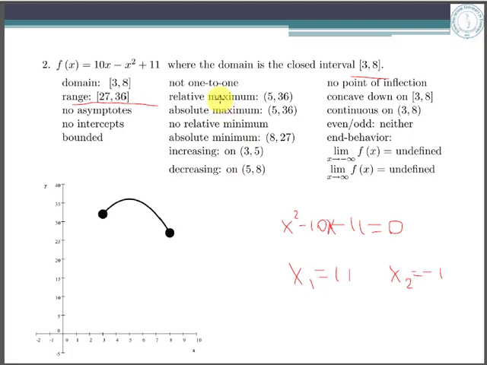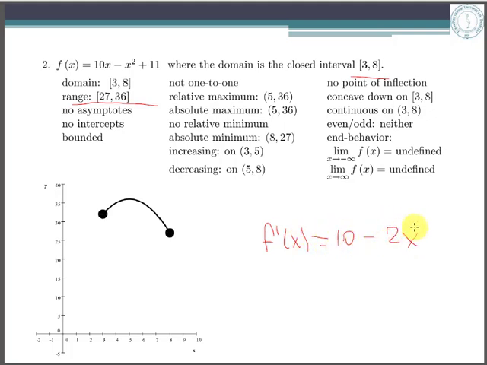And relative maximum, do we have a relative maximum? For this one, we need to find the derivative of our function. So the derivative, f prime, is 10 minus 2x. Sorry, here 2x, not x squared. So now let's find the critical point by equating to 0.